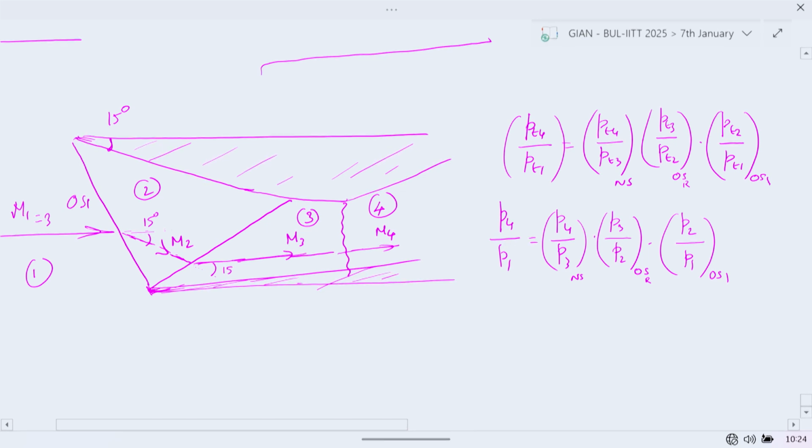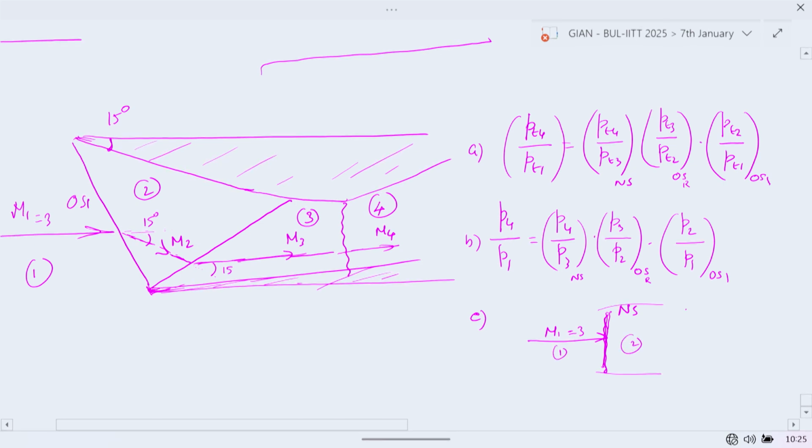That's one here. The third part, this is A, this is B. The third part is, what's the overall total pressure ratio if there was only one normal shock? What they're saying here is that you don't have the shock train, you just assume that it was only a normal shock, and if a Mach number of M1 equal to 3 encounters a normal shock, what will be the pressure recovery?